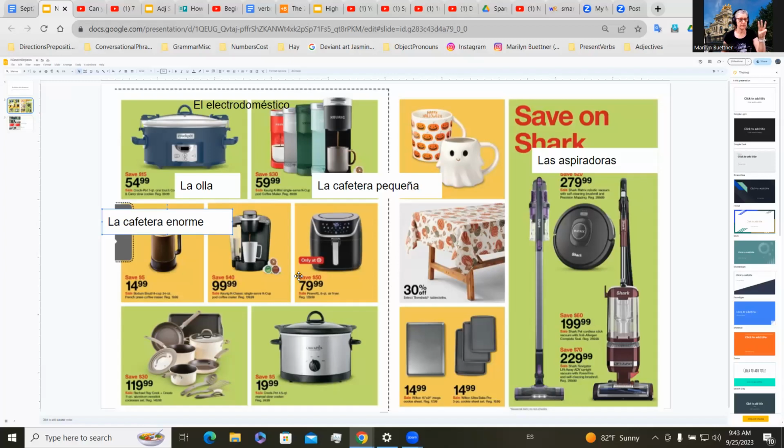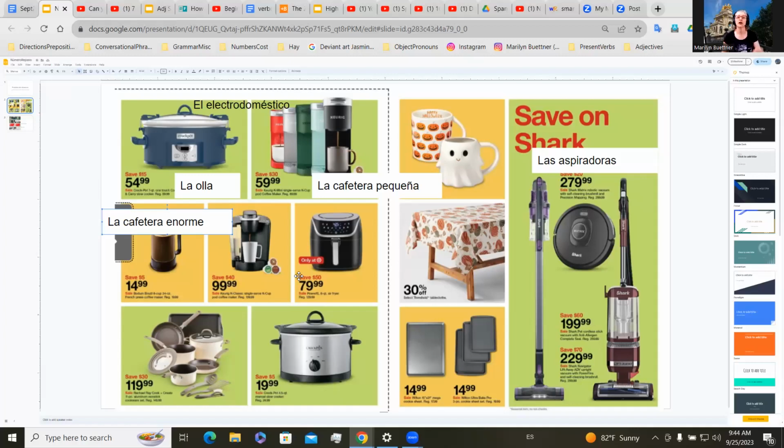Bueno, ¿cuál es la aspiradora más cara? La aspiradora más cara. The most expensive. And you would express that la de, the one of, and then the price. La de 200, 279.